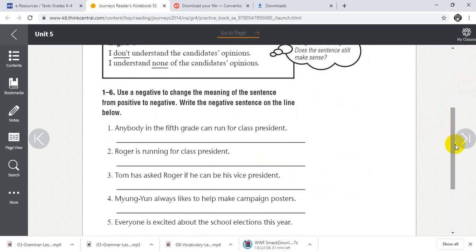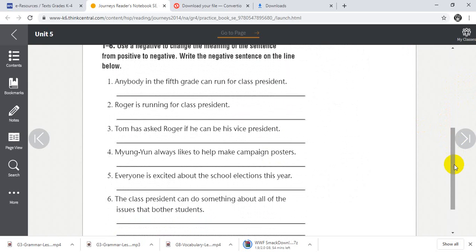So, number 1. Anybody in the 5th grade can run for class president. So you want to put this sentence in the negative. There's two ways. We can say no one in the 5th grade can run for class president, right? Or anybody in the 5th grade can't run for class president. But the first way is better, okay?